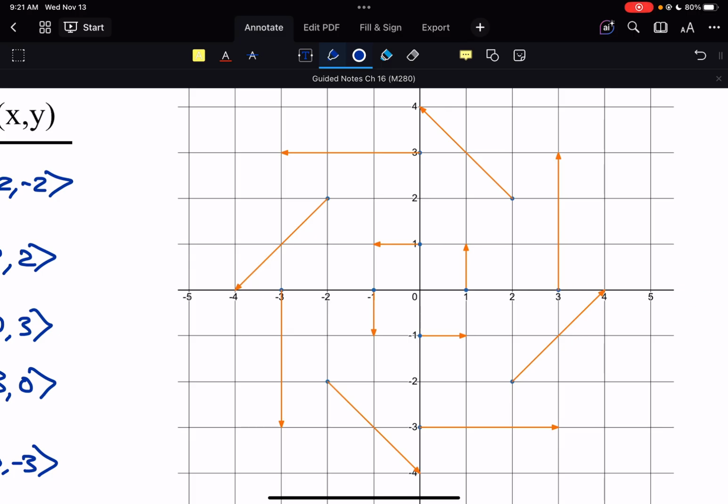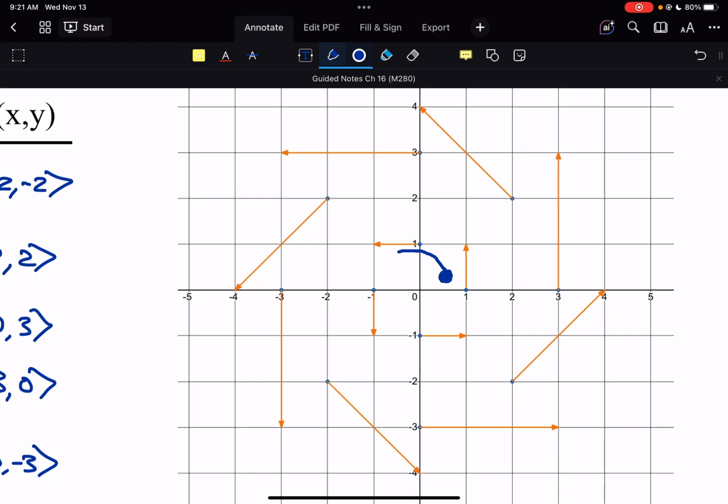So one of the ways to think about the vector field is as a flow of energy, or I like to think of it as a flow of fluid. So like the flow of water, like a current. If I took a ball and dropped it in the water, and this was the flow of the current, the ball would start to move.